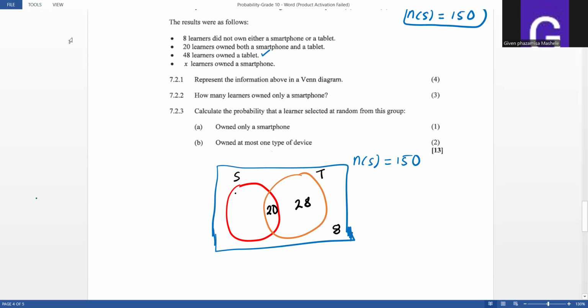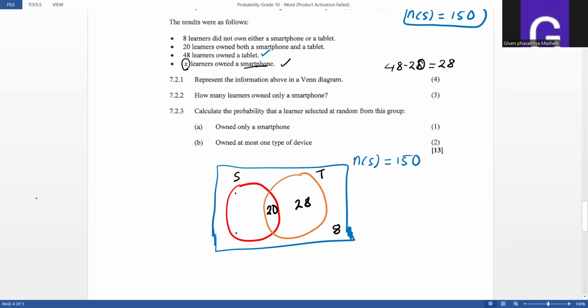Here they said X. They said X learners owned a smartphone, X of them. So the area for the smartphone must add up to X. Like what we have done here, from 48 we subtracted 20 and got 28.